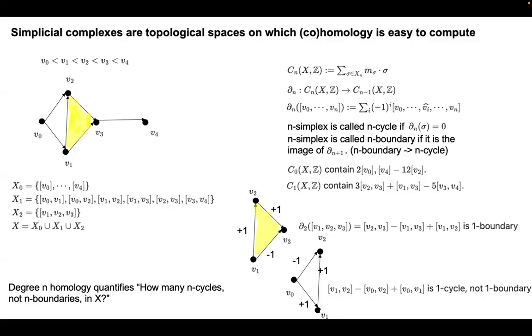So when we have a tool to compute the homology of a simplicial complex, we can also compute the homology of the Rips complex. That's what's going on.